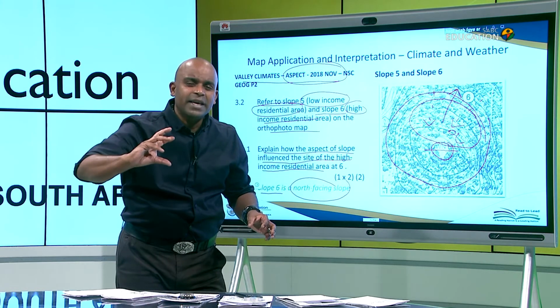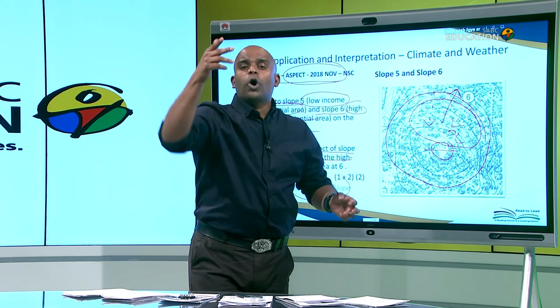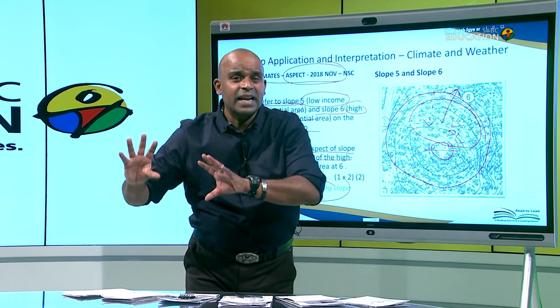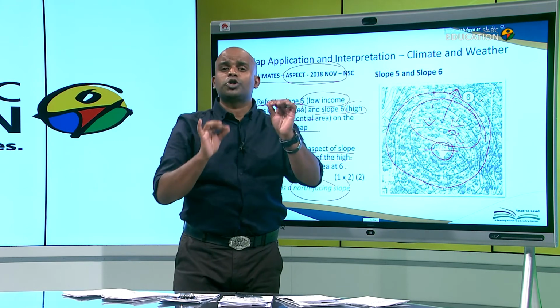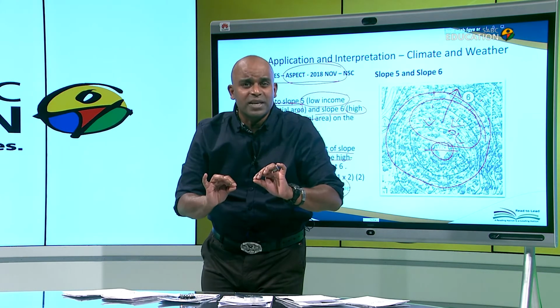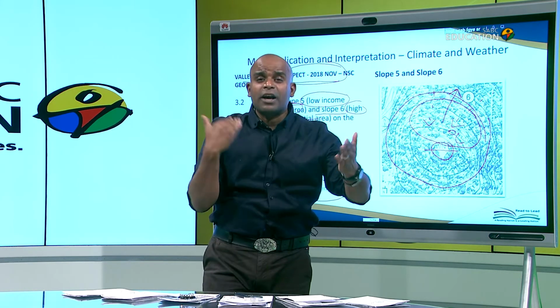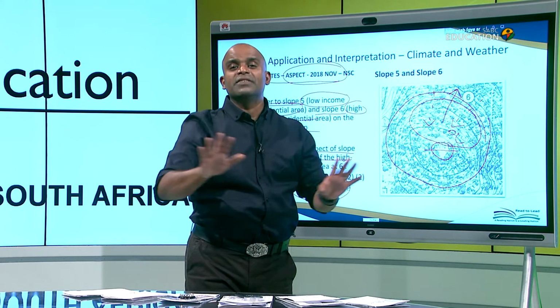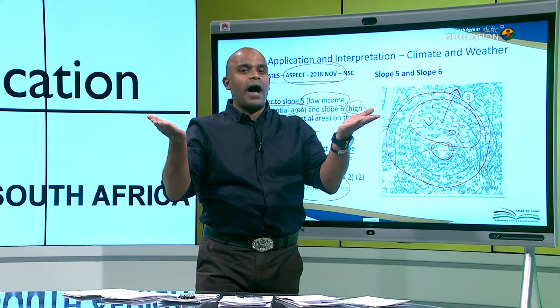So, what is being examined? Again, your ability to identify the slope by looking at and analyzing the contours, you should be able to determine which is a north-facing slope and which is a south-facing slope. And according to the theory of aspect, you should know that the north-facing slope receives the direct sunlight, therefore higher in temperature.